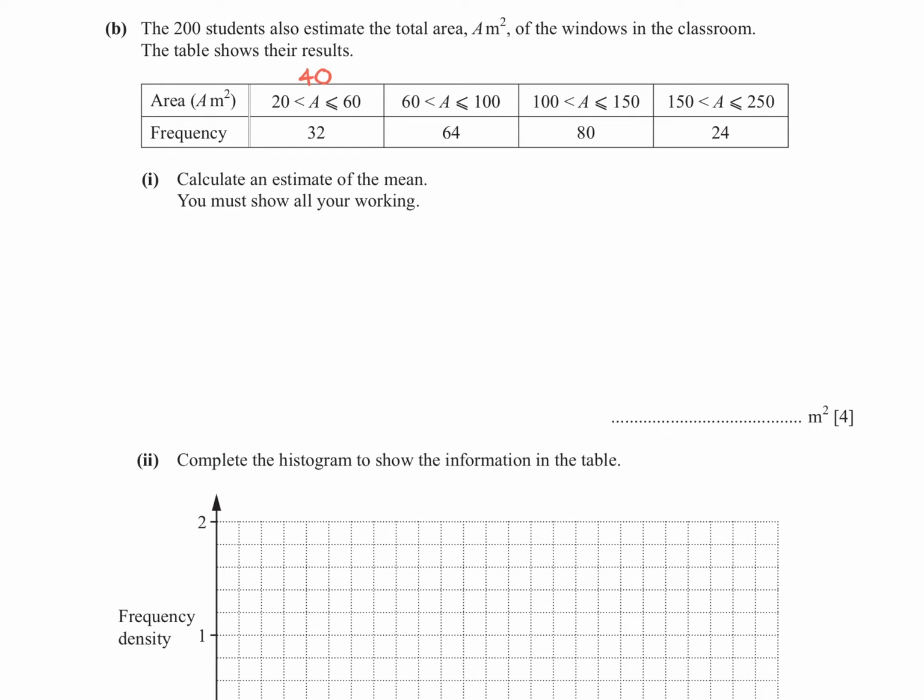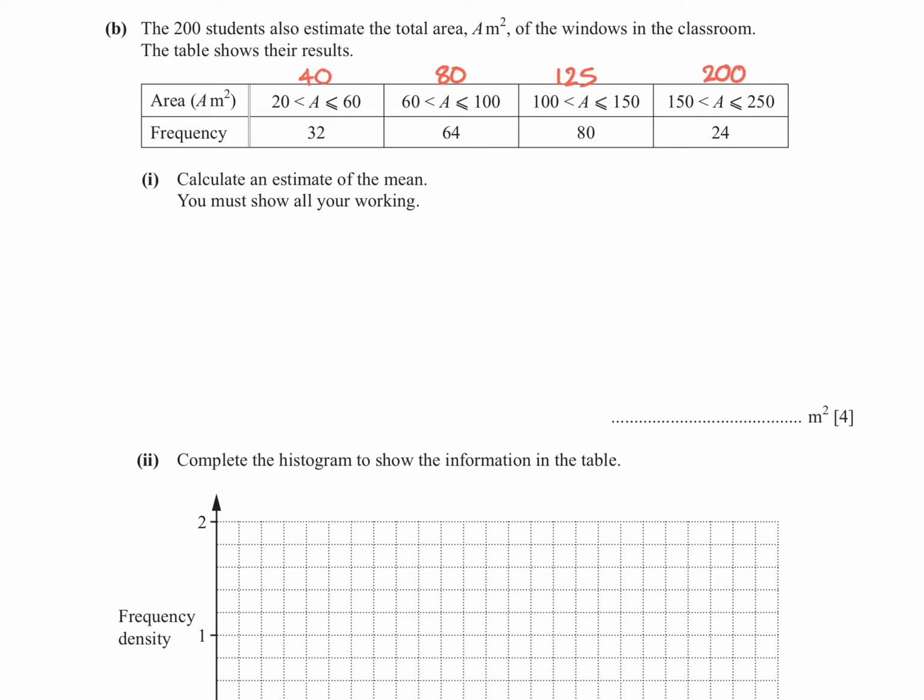The middle of 60 and 100 is 80. The middle of 100 and 150 is 125. The middle of 150 and 250 is 200. So mean equals the total value divided by the total number of students or the total frequency.